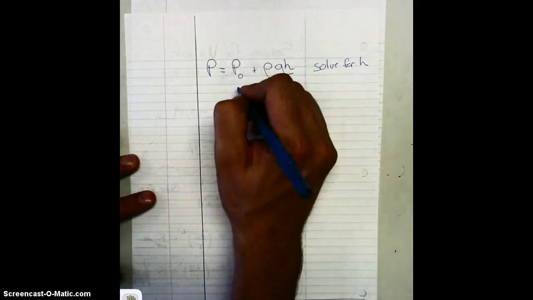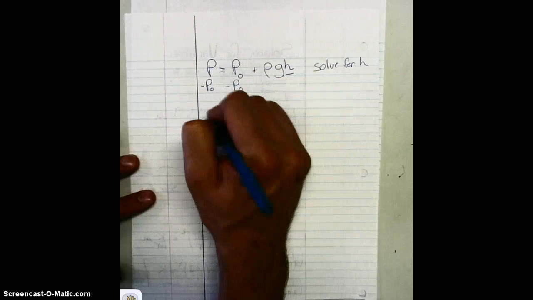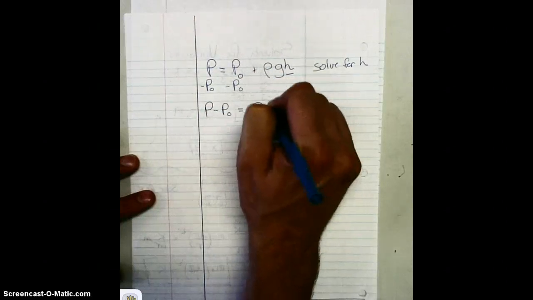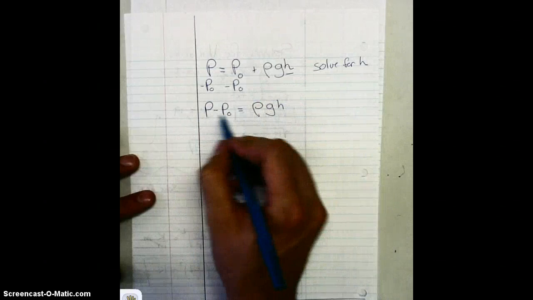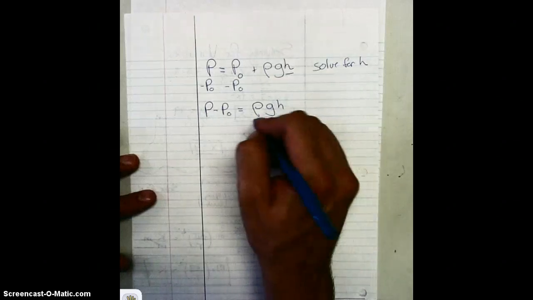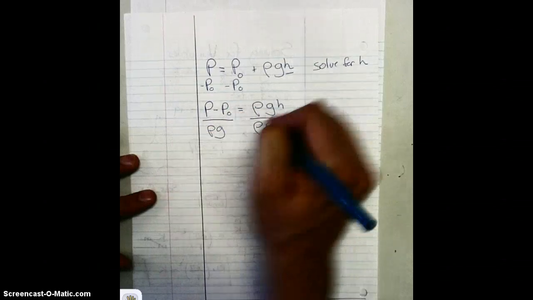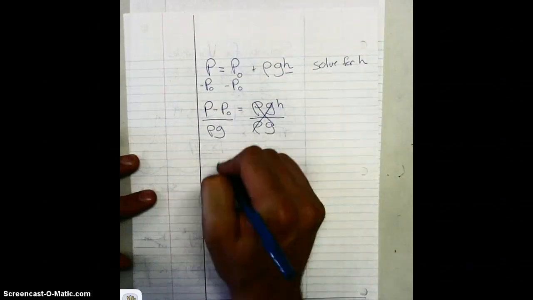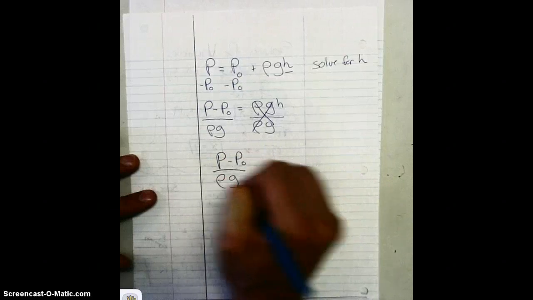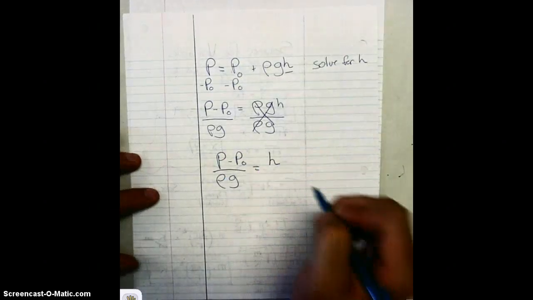So let's subtract the initial pressure from both sides. Now we're left with pressure minus initial pressure equals rho g h, and then we divide both sides by rho g. Our final answer is pressure minus initial pressure over rho g equals h.